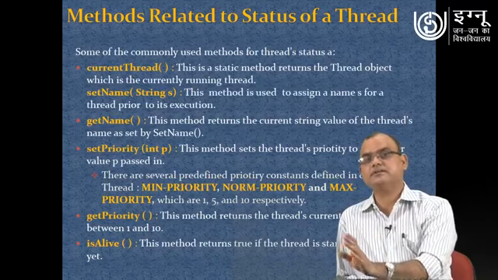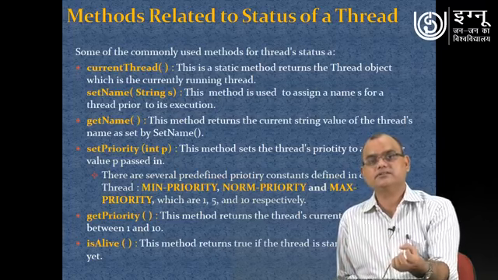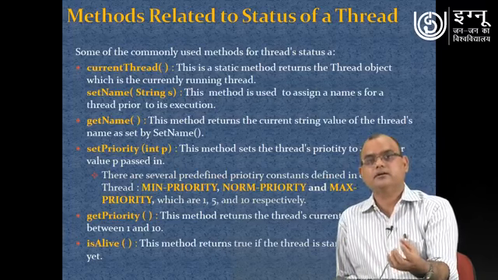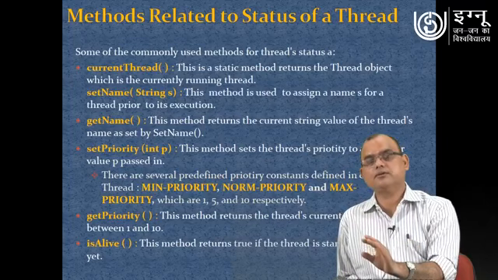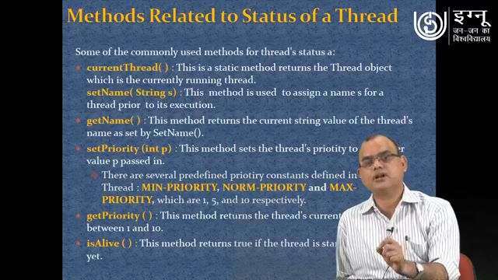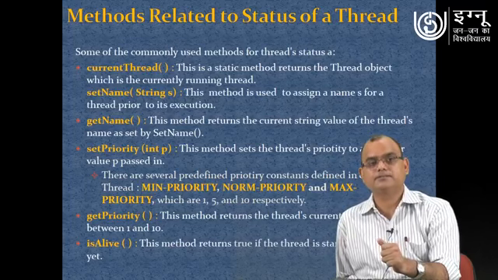It means the thread having higher priority will get preference over the one having lower priority. So on the basis of priority you can also decide the order of execution of different threads in your multi-threaded programming practice.